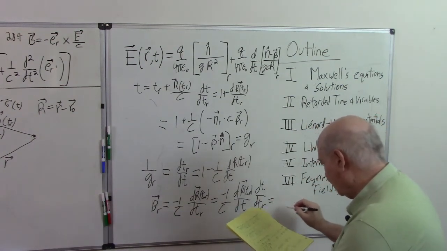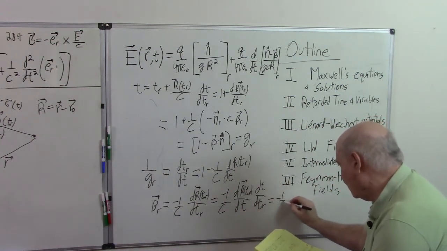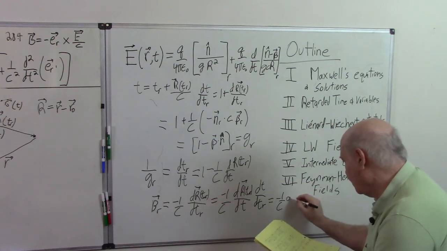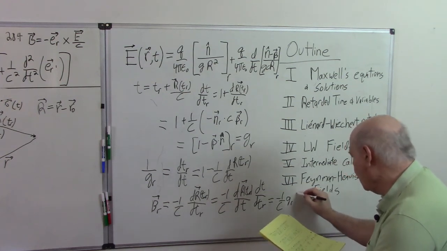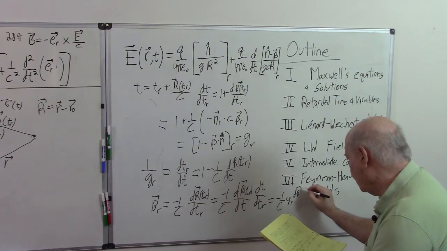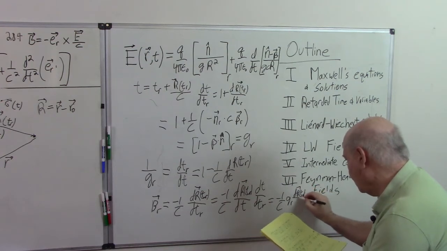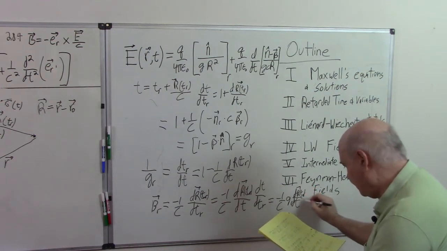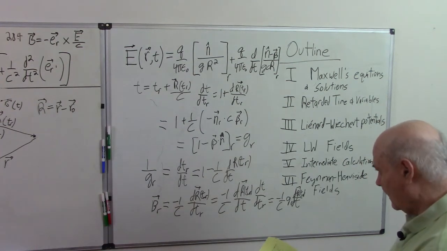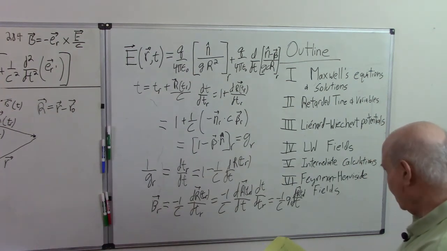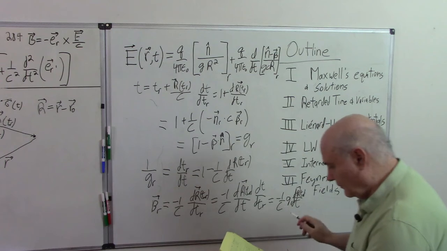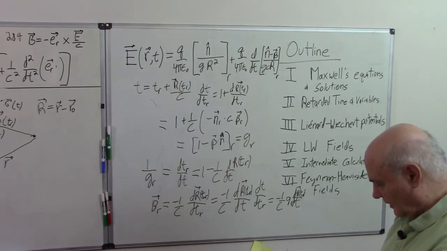So this is equal to minus 1 over c g_r dR of t_r with respect to t. This last one we'll use a couple of times.